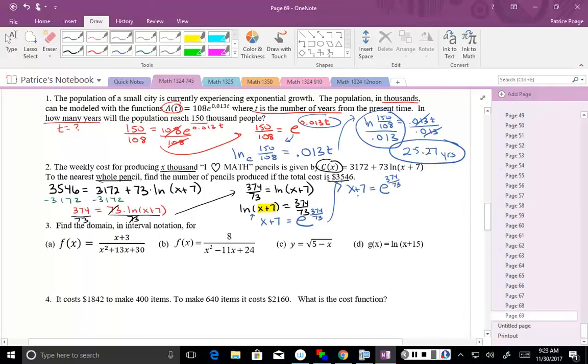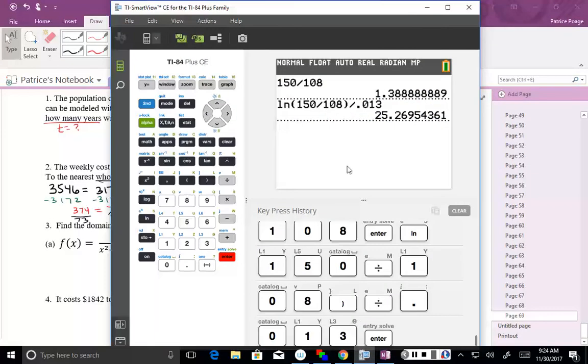Solving for x, I need to subtract 7 from both sides. So I get e to the 374 over 73 minus 7. And then that's what I'm going to put in my calculator right there. So here I go. There's an e button over here, and there's also an e button over there.